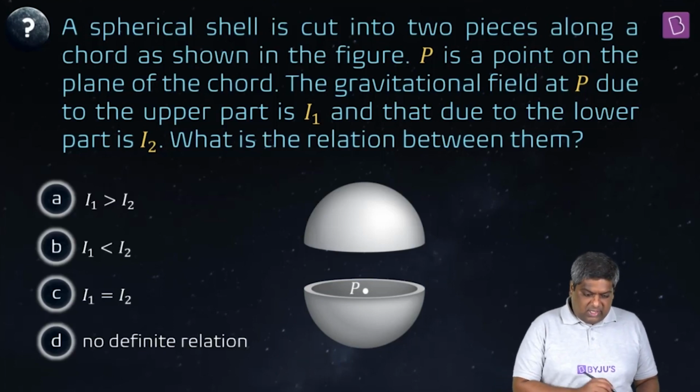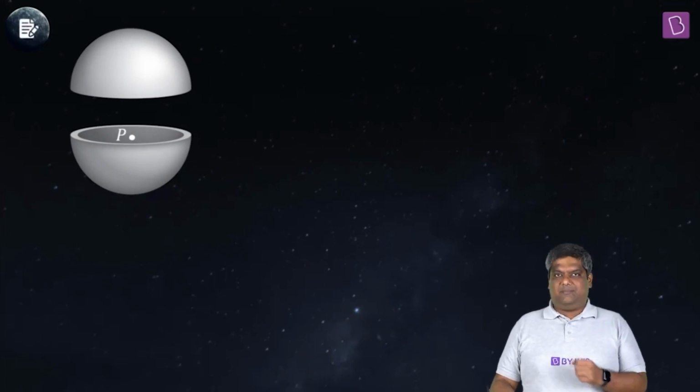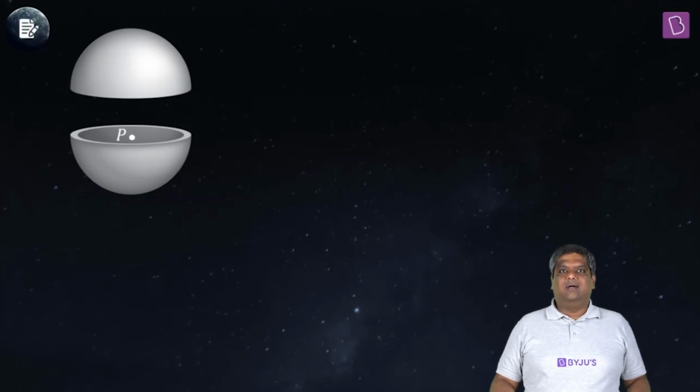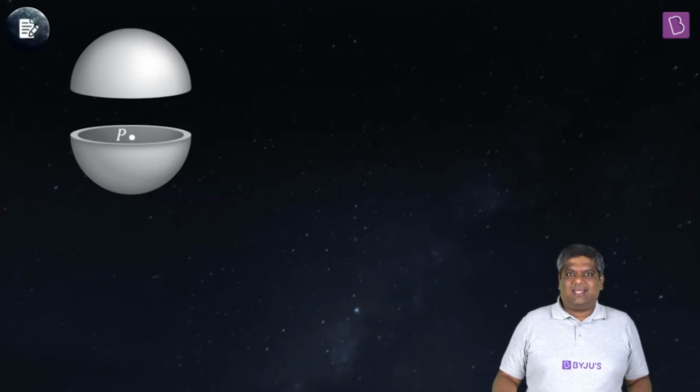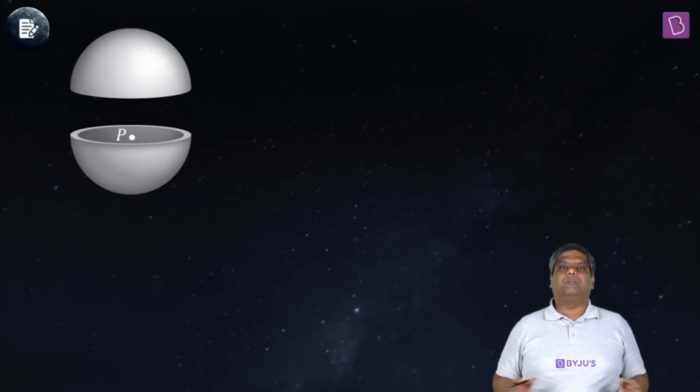The most important relation you need to know to solve this problem is that the gravitational field inside a hollow sphere is always 0. This comes from a direct result in gravitation, that the field inside a uniform shell is 0.